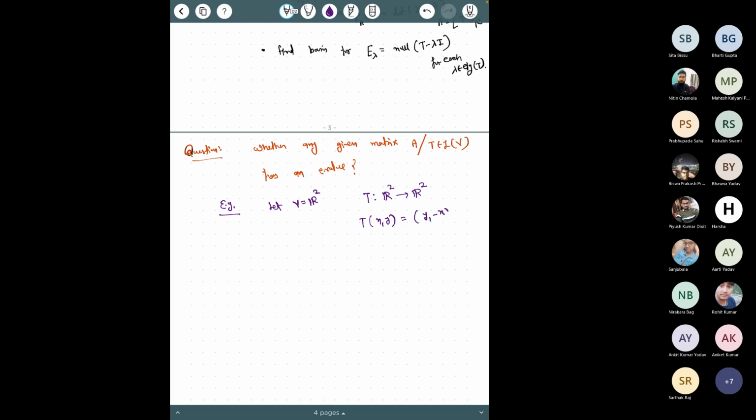This is for all x, y in R2. Now this operator doesn't have a real eigenvalue, because here we are considering R2 over R, so it doesn't have any eigenvalue. So then this T has no eigenvalue.